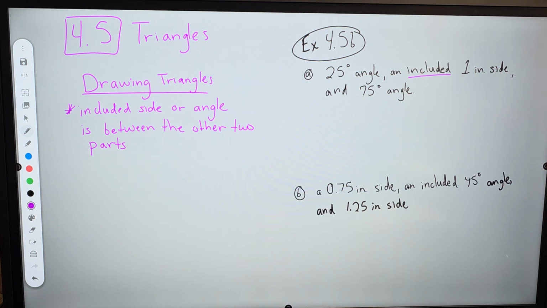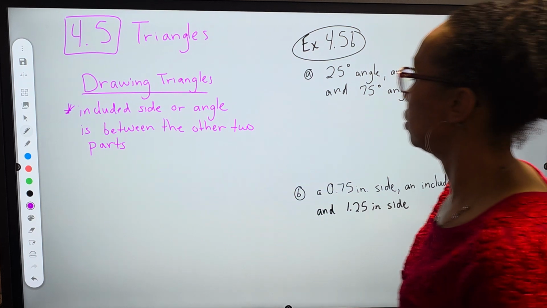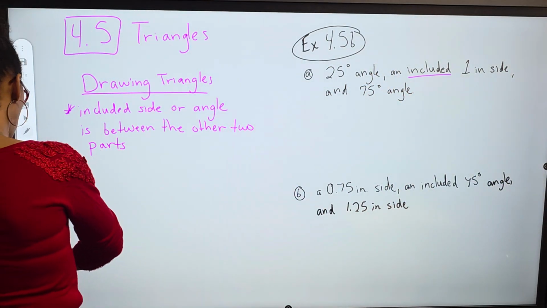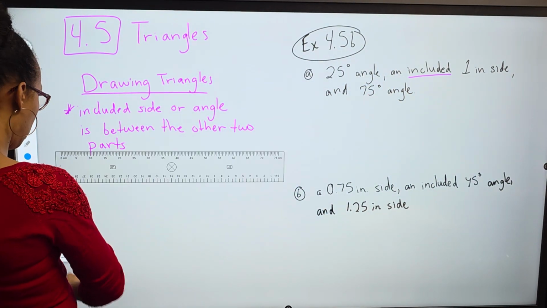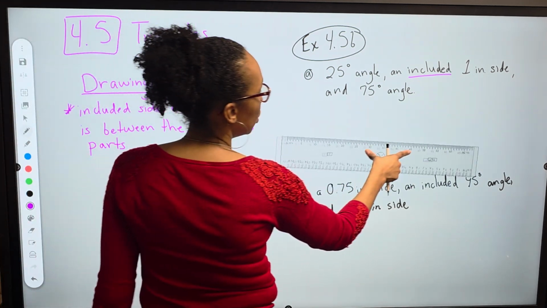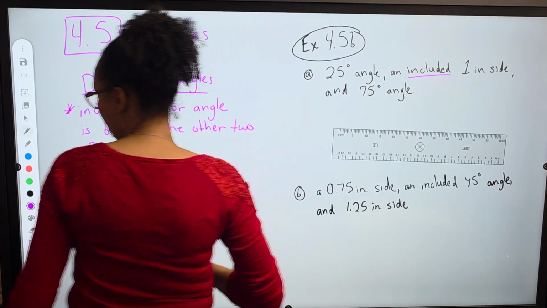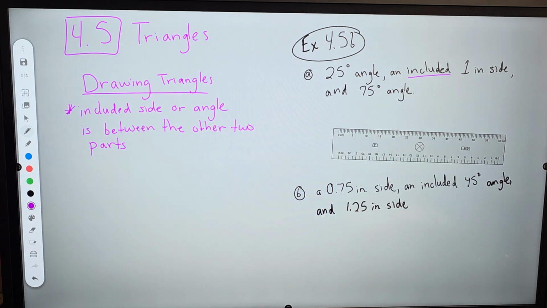This is example 4.5b from your textbook. And with this information, we should be able to draw the specific triangle that they are asking about.